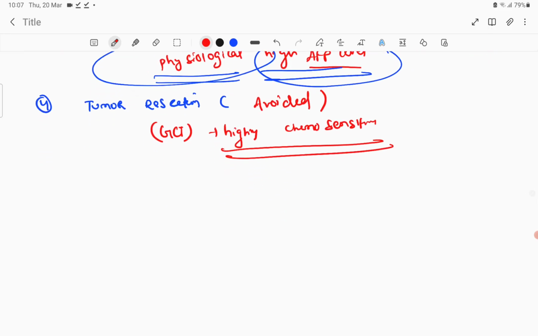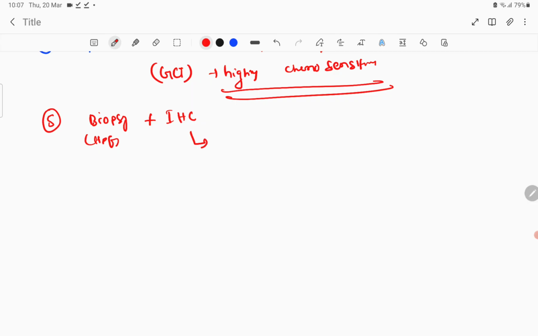Okay, suppose you go for a biopsy. In the biopsy, you go for histopathological examination plus IHC markers. In that IHC analysis, what are the things you have to do? The first is antibodies against alpha fetoprotein.